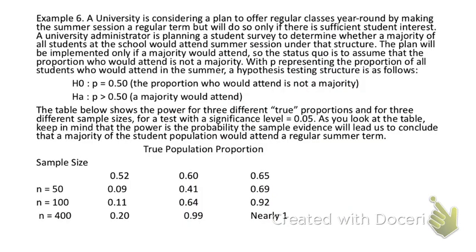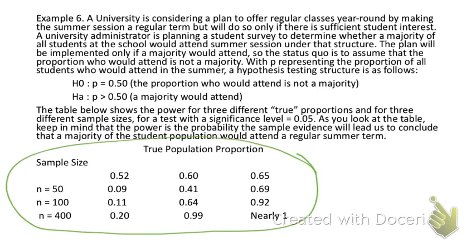So here we have an example, and this chart gives me some of the data I need when things are changing, like what's happening to the power. On the first column, I'm increasing sample size.